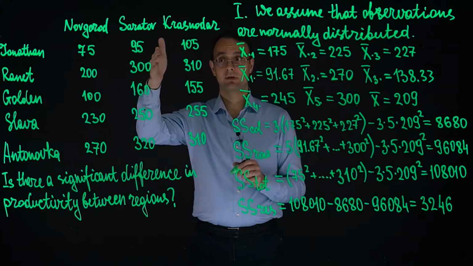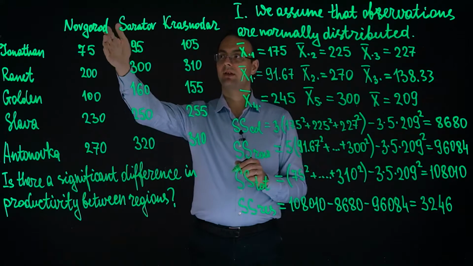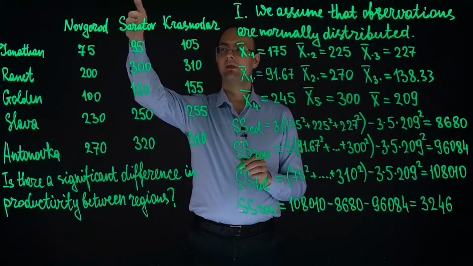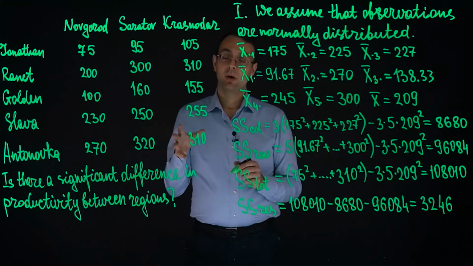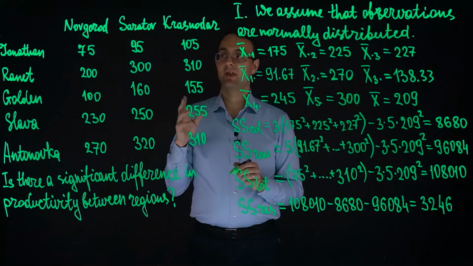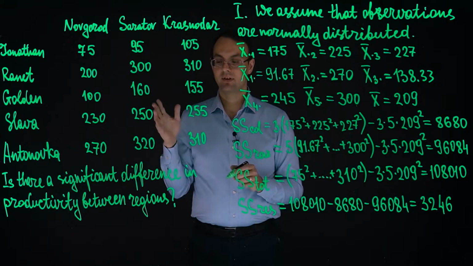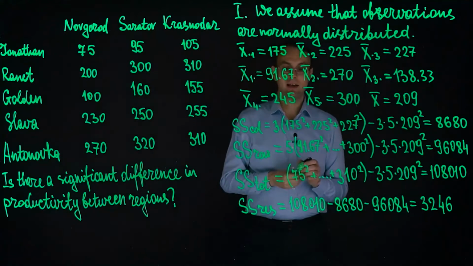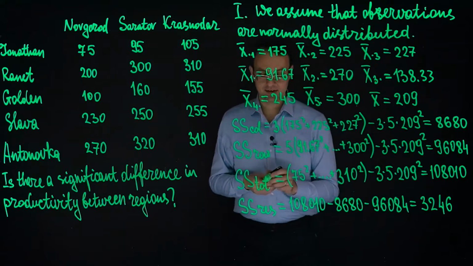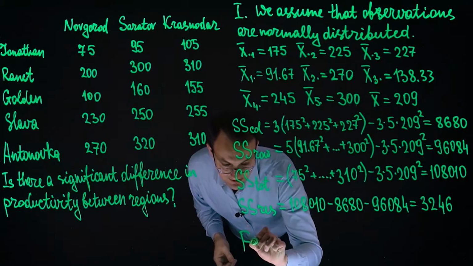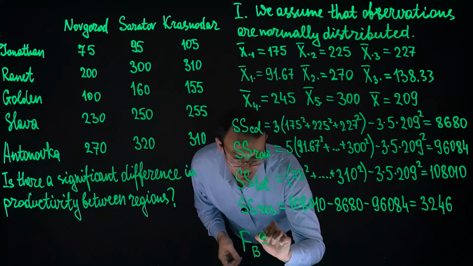The B factor, the region, is the factor whose levels correspond to the columns of our table. So we are testing the null hypothesis that the B factor has no effect, against an alternative that it has some effect. And so the test statistic is FB.